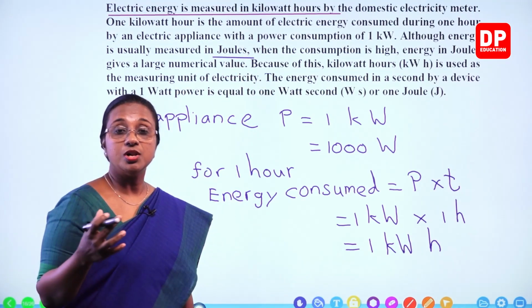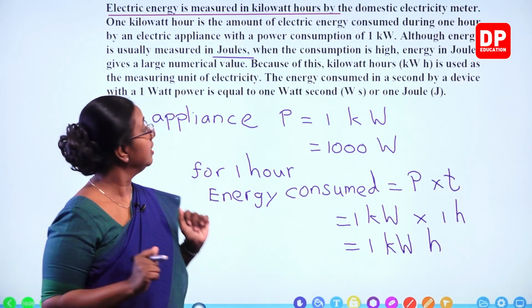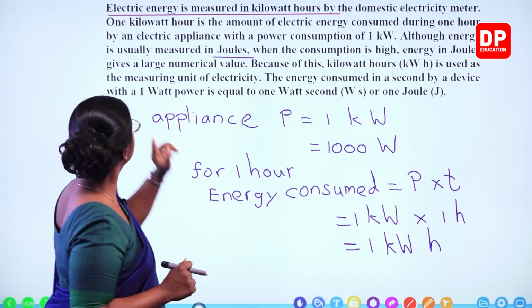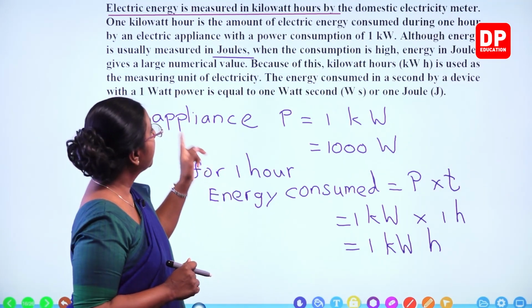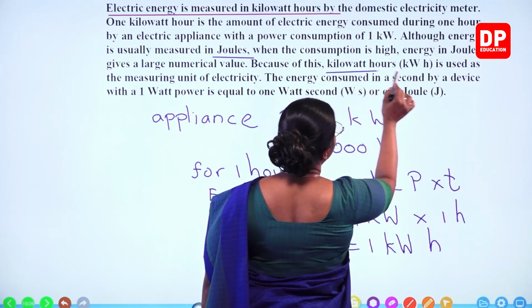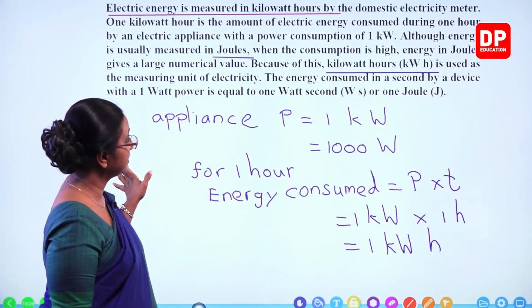Work, energy, all those are measured in joules. So, even the electric energy is measured in joules. When the consumption is high, energy in joules gives a large numerical value. Because of this, kilowatt hours is used as the measuring unit of electricity.